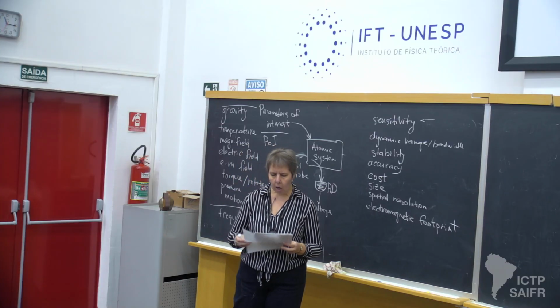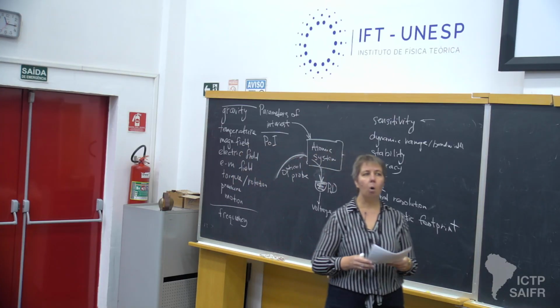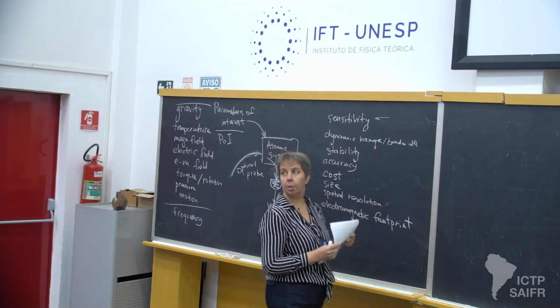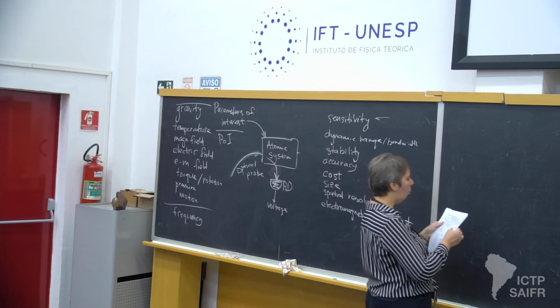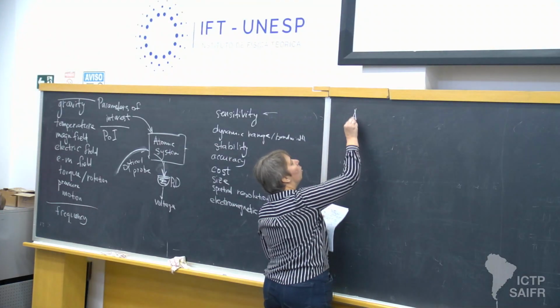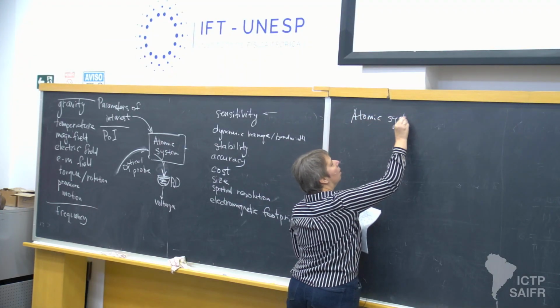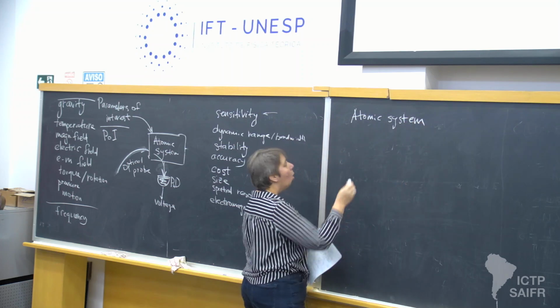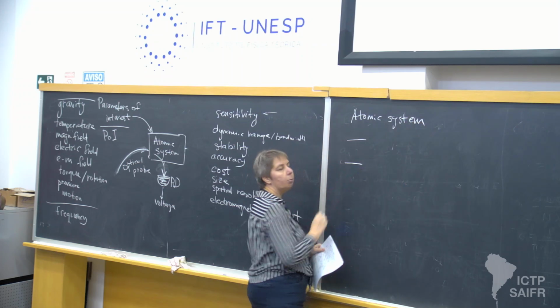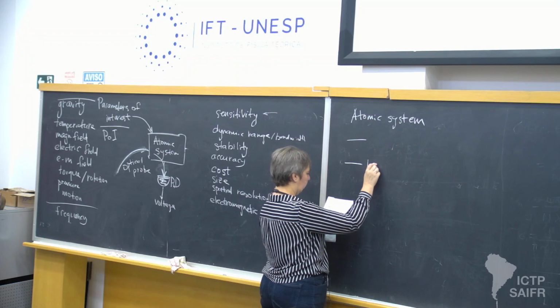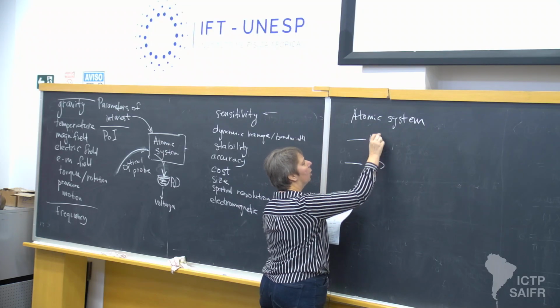Okay? All right, so that's the general idea of how we will be talking about sensors. So, again, how the atomic system responds to changes in our parameter of interest. For the atomic system, we usually like to pick some sort of a resonance. I know Raul gave an excellent introduction to the two-level system.